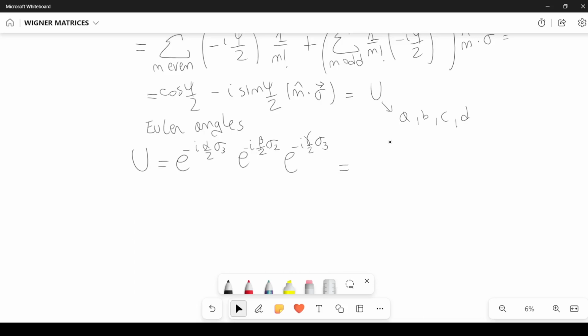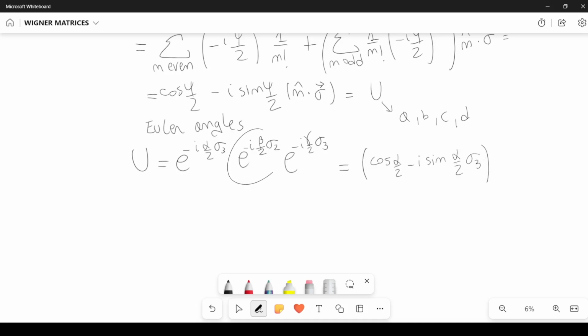Now you can use the formula that we obtained here to express, for example, this matrix. This is an exponential of a matrix, and it is a matrix because it's an infinite sum of matrices, so you obtain a 2 by 2 matrix. This exponential can be written as cosine of alpha over 2 minus i sine alpha over 2 sigma 3.